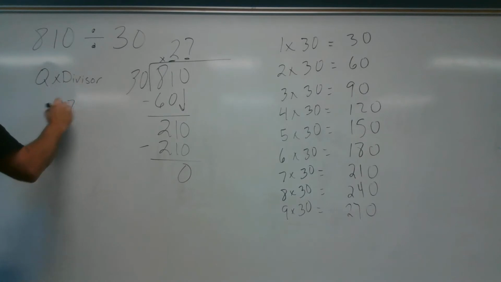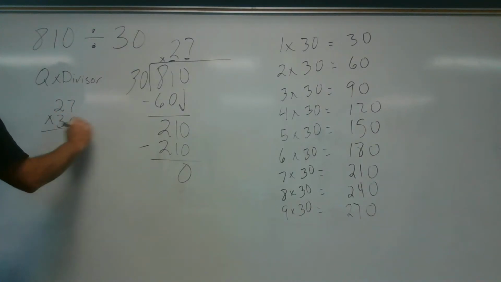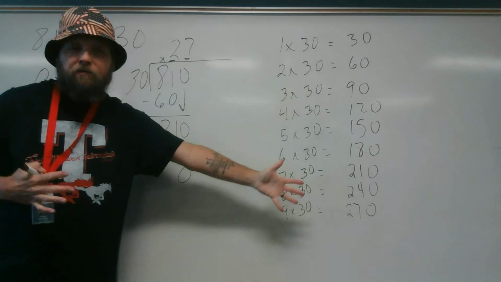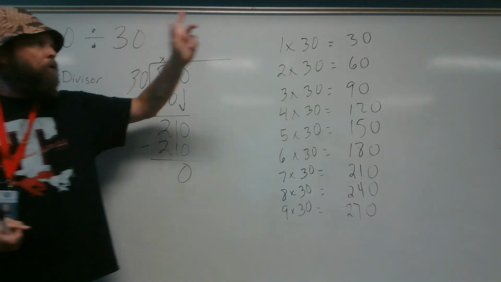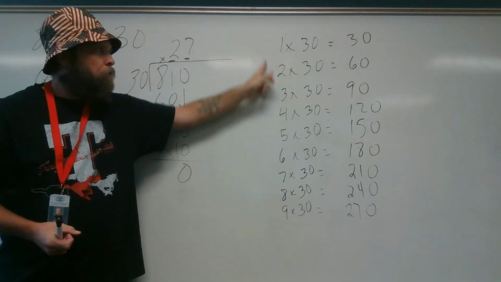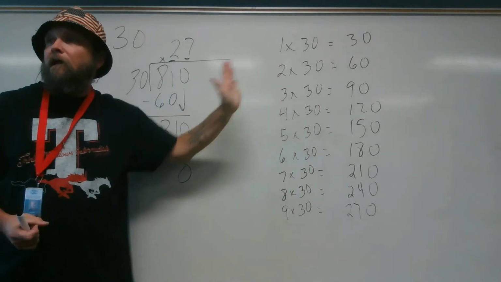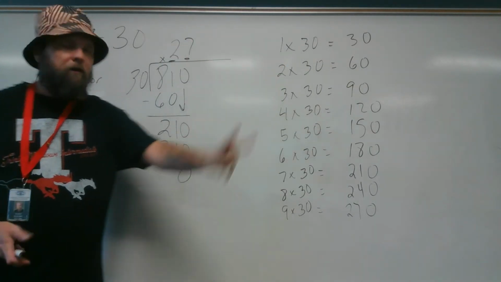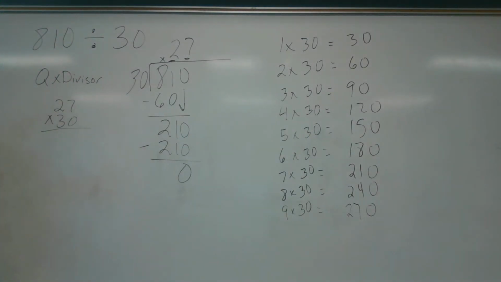So 27 times 30. Now remember before when we listed these multiples, we broke it apart. We multiplied 3 times 1, 3 times 2, and then 3 times 10, because 3 times 10 is 30. We're basically doing the same thing here.